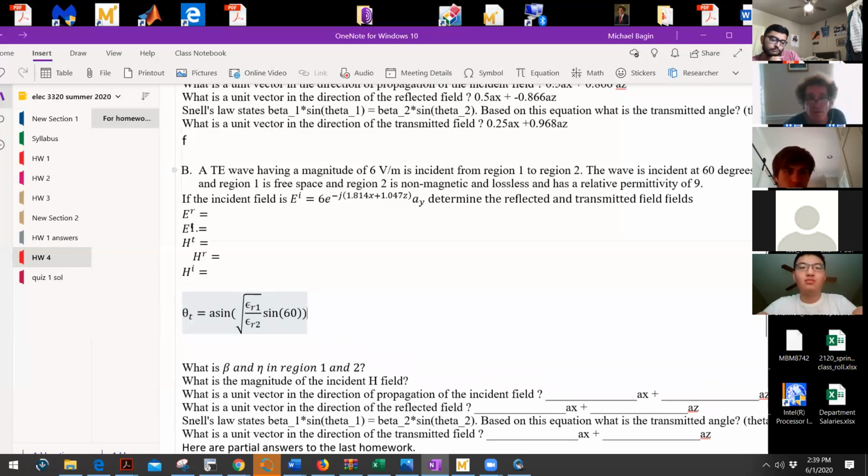So if I do that over here, epsilon relative 2 is 9, so that's going to be just 1/3, times sine of 60. That's 1/2, isn't it, class?